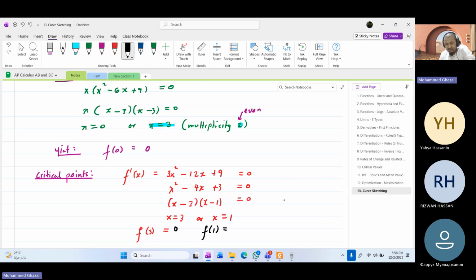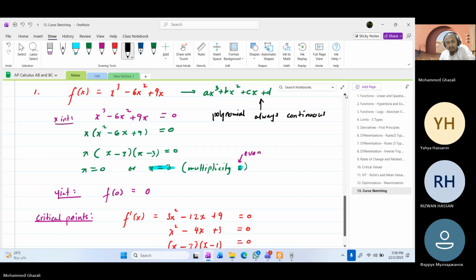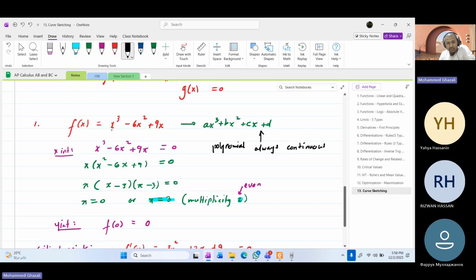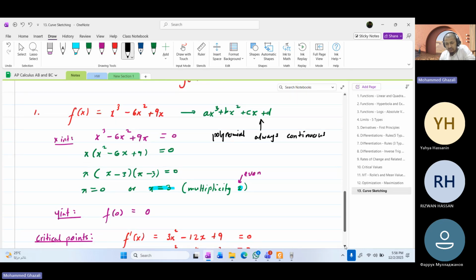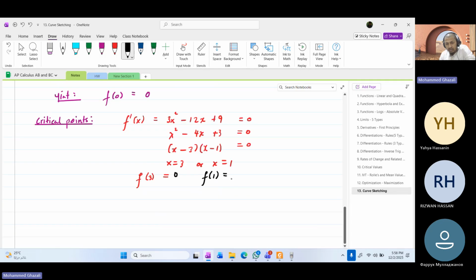If you substitute 1 inside here, you'll get 4, because 1 plus 9 is 10, 10 minus 6 is 4. Now, comparing these two values, look at the y values. Which one is the minimum? Which one is the maximum?